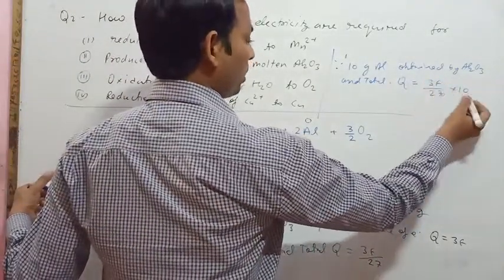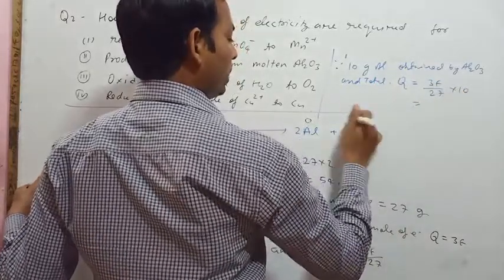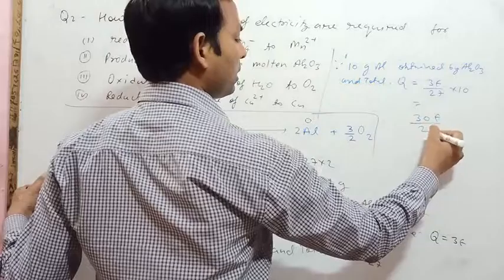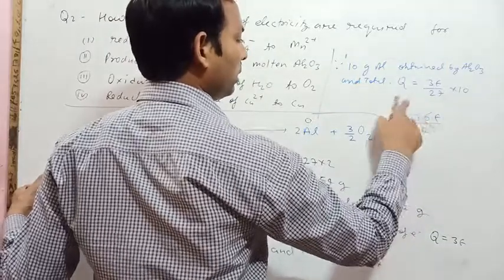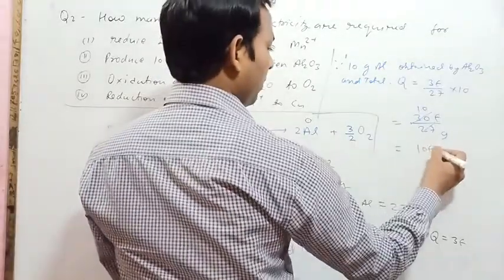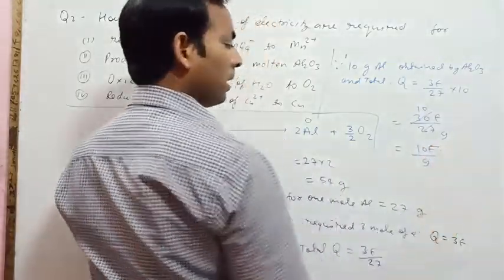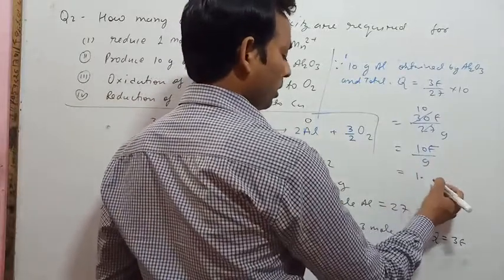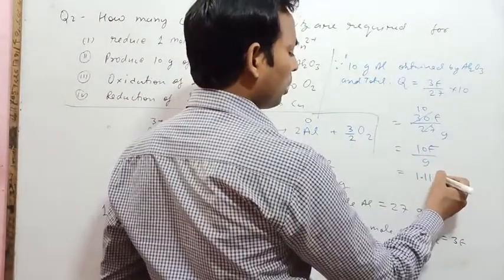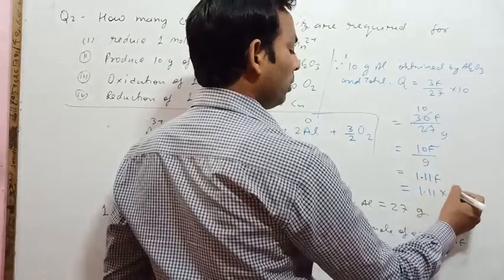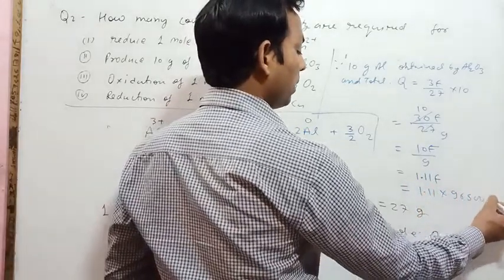After solving, the answer will be 30F upon 27. Dividing by 3, that is 10F upon 9. After dividing, the answer will be 1.111 F, or 1.11 into 96,500 coulomb.